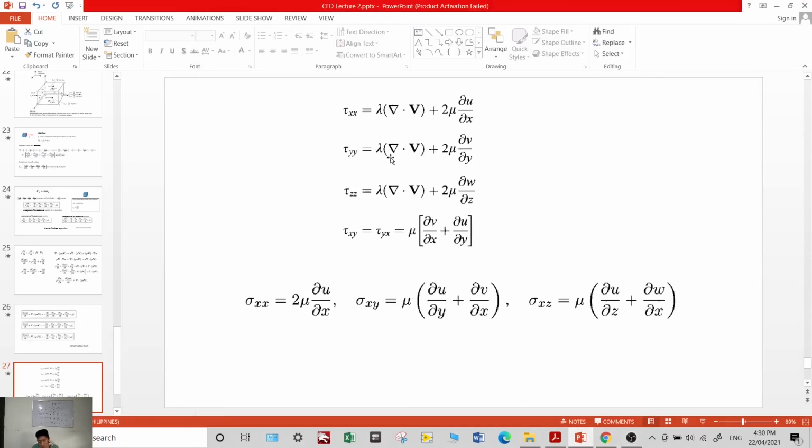Okay? So, just plug in these values. And tau xy is equal to tau yx, which is mu times partial of v partial of x plus partial of u over y. Okay?